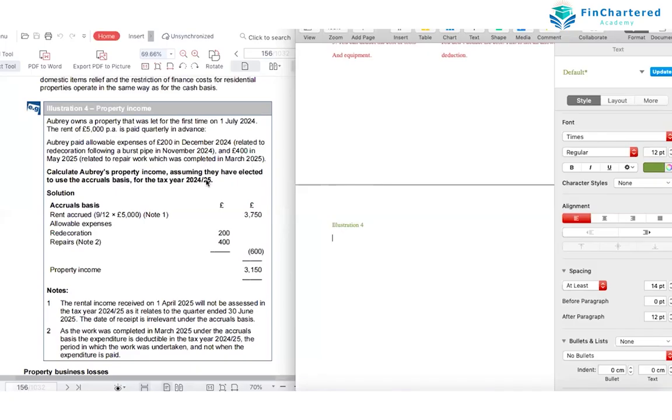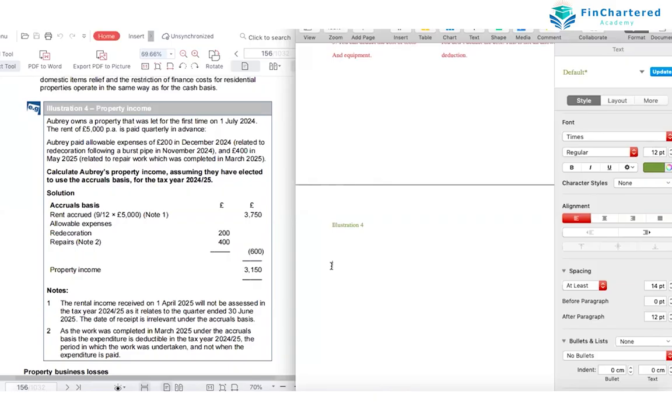July, August, September, October, November, December, Jan, Feb, March. The last rent is April, May, June, which is for the next year. So the last 3 months is not an expense, although we are paying it this year. It is an expense for the next tax year, and according to the accruals basis, we will only account, whether it's income or expense, for those that were incurred or due in this period.